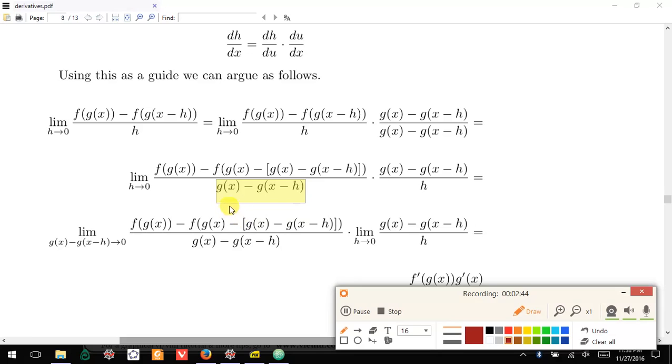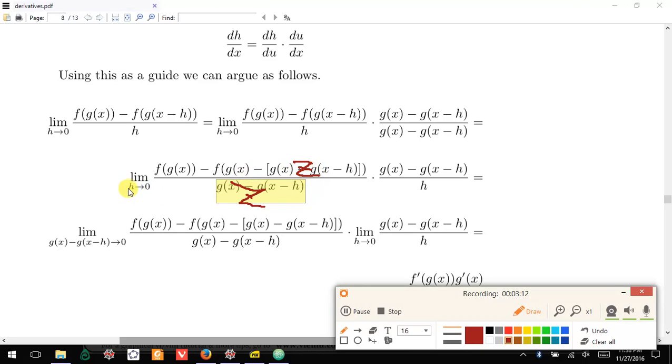I mean, what we really need, let's call the variable z. So what I really want is to regard this as some variable z, so that what I'm talking about is f of x, but really it's f of g of x, because I've got the composition, minus f of x minus h, except that instead of x, again, we're really talking about g of x, and instead of h, we're really talking about z.